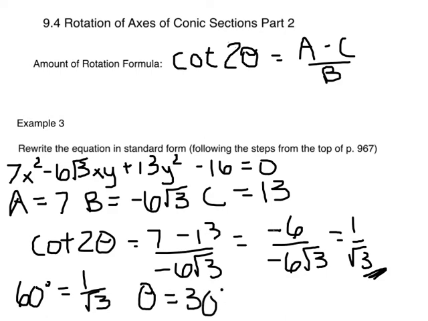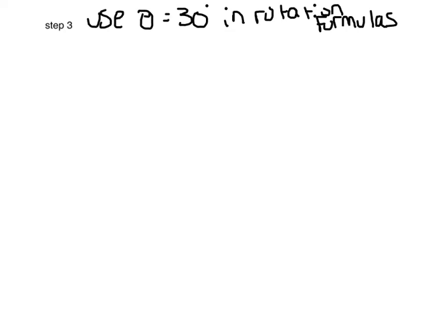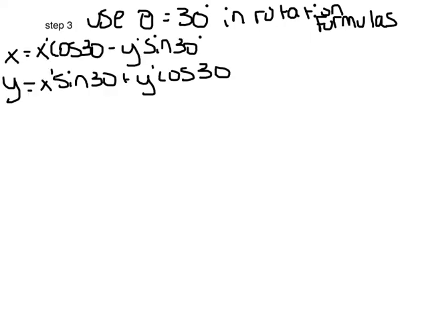This completes step 1, and now we are ready to use this for step 2. I'm sorry, I misspoke. That actually completed step 2, and we're now ready to use step 3. We are going to use theta equals 30 degrees in the rotation formulas. We plug in 30 degrees in the formula, and then we simplify using what the cosine and sine of 30 are.